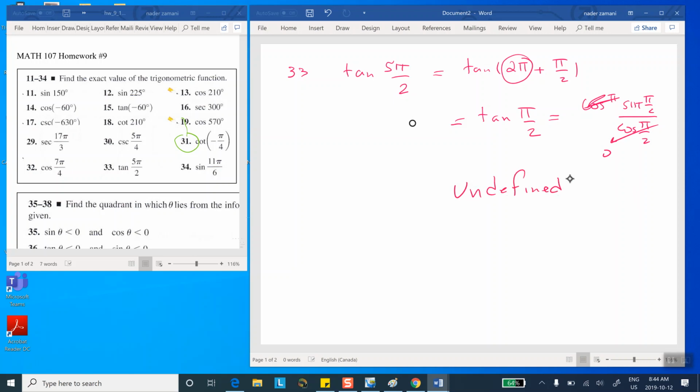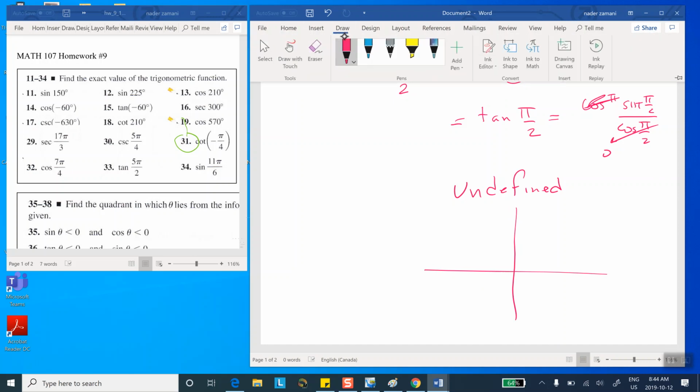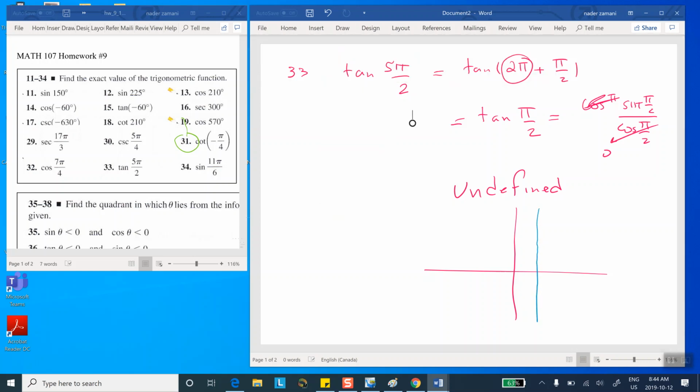All right. The other way to remember what happened, it's a good review, so I'm going to do it like that too. If you go back to the graph of tangent, it was like this, right? Pi over 2, vertical asymptote, minus pi over 2, vertical asymptote, and the period you can see is pi.